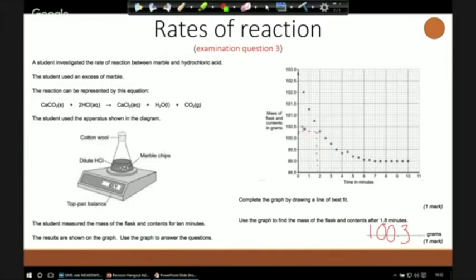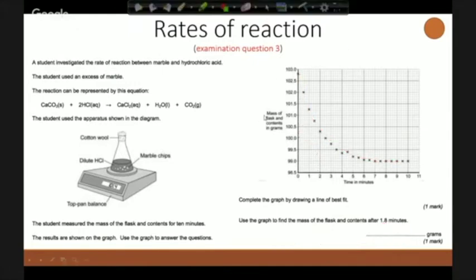Now, I think in this exam, you probably would have been given a slight benefit of the doubt. They probably would have given you the mark somewhere between 100.2 probably, and maybe up to 100.6. You would have been awarded a mark for somewhere around there, depending on how well your line was.